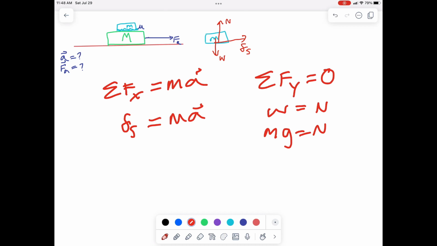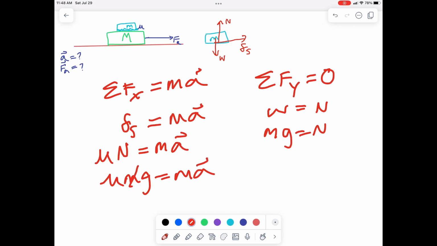Okay, so now I can write out or define my force due to static friction. We know that that's mu times the normal force, and this will equal mass times acceleration, and we just solved for the normal force, which is just mg. So we know that mu times little m times g equals little m times acceleration.